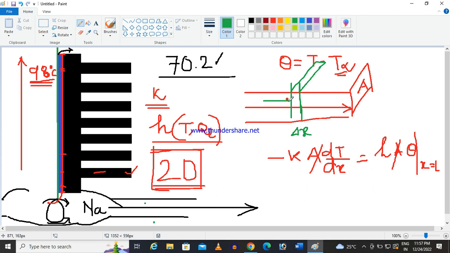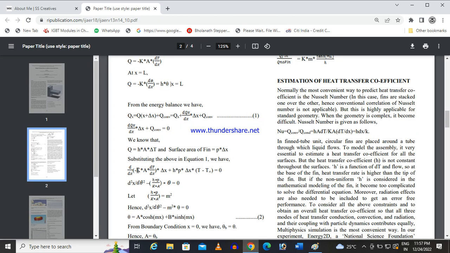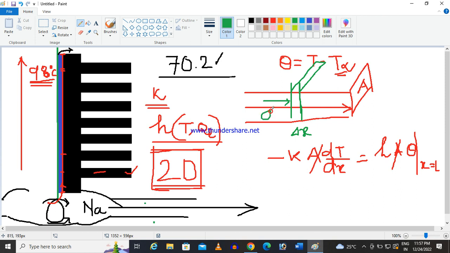Here the heat is entering. If you see the energy balance equation, this is my energy balance basically. Say here the heat entering is Qx, and after that it is Qx plus del x, because this is del x.